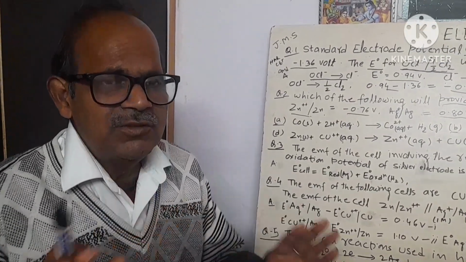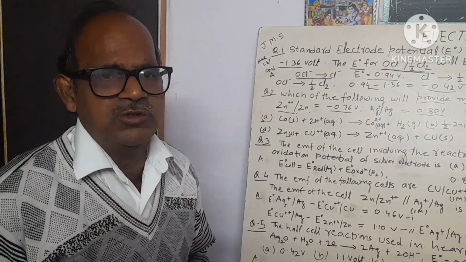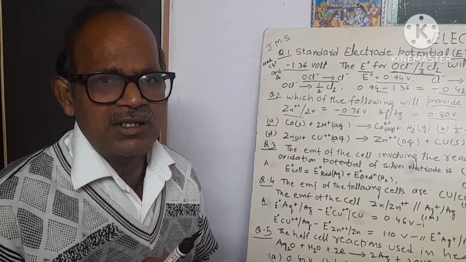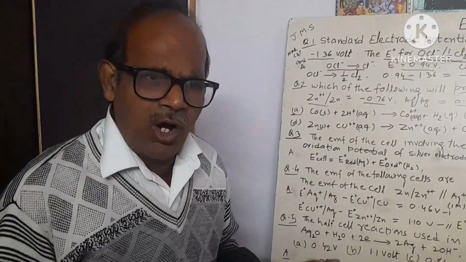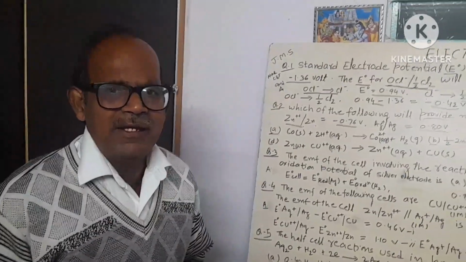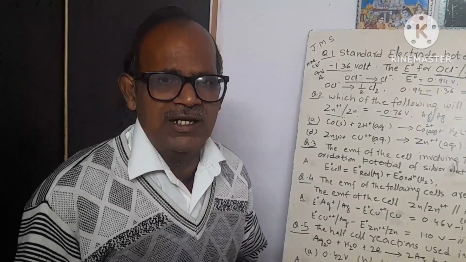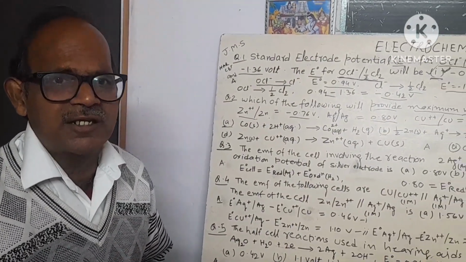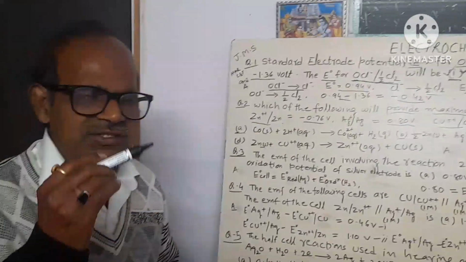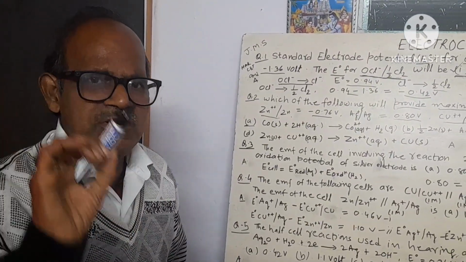You have to use this formula. E is equal to E cathode minus E anode. You can always apply this if you know the standard reduction potential.